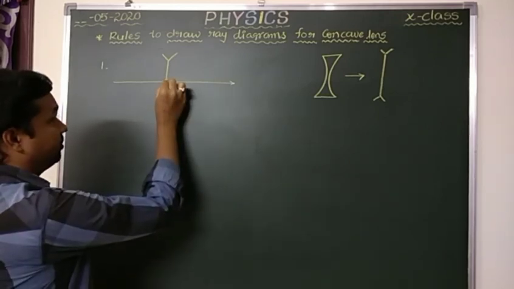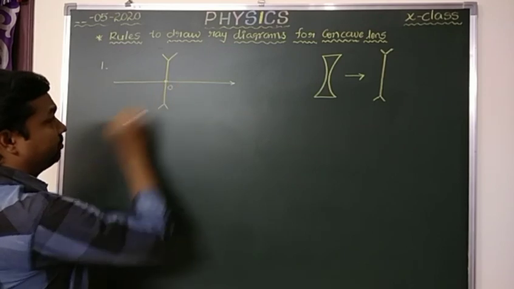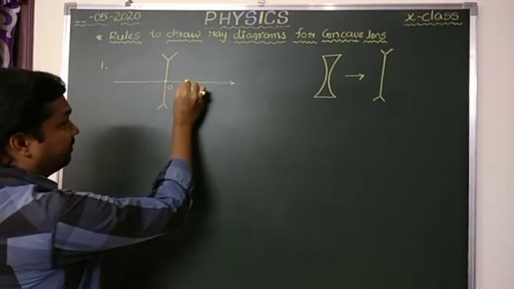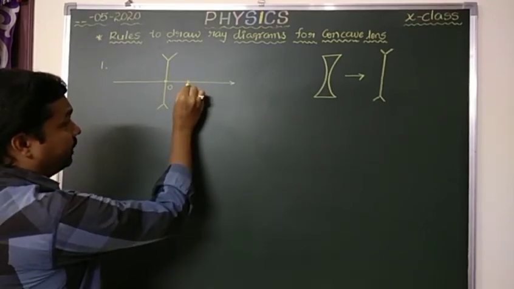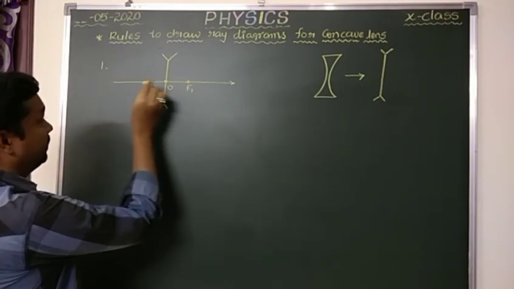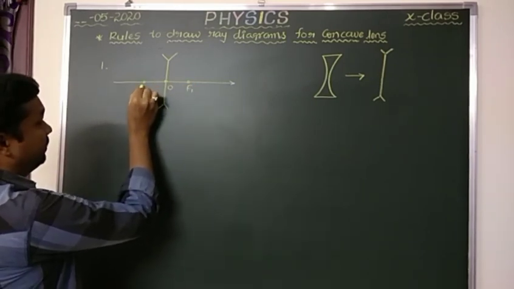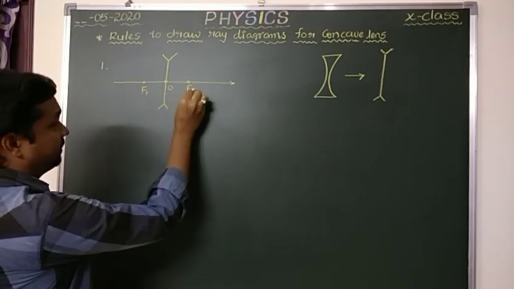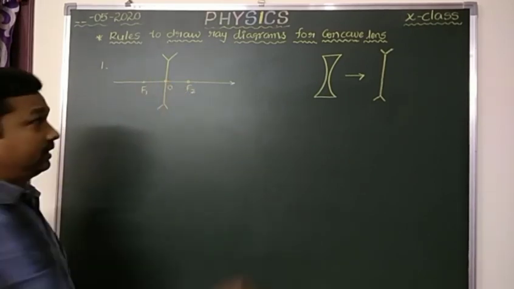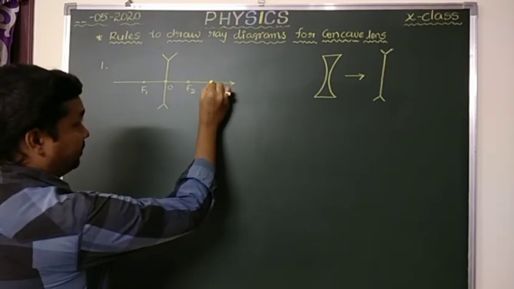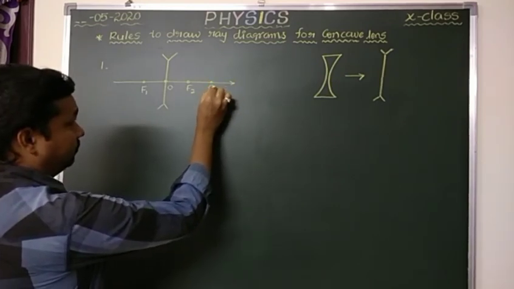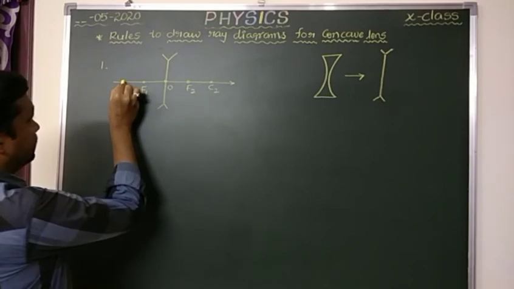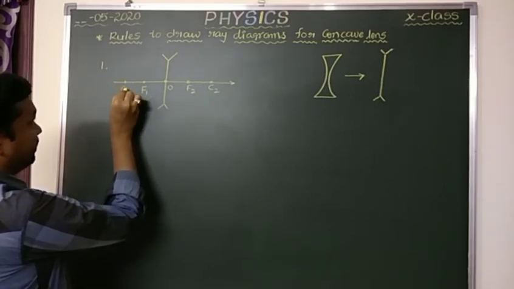This is the optic center, represented with the symbol O, and it has two foci, this is F1 and this is F2, and two centers of curvature, this is C2 and this is C1.